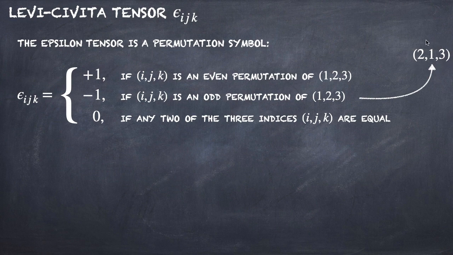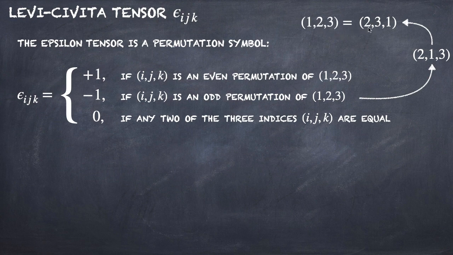If you have a tensor with this sequence, it is going to be -1 because it is an odd permutation of 1, 2, 3. If you do one more permutation, for instance, interchanging 1 and 3, you will have 2, 3, 1. Then this is an even permutation, and this is equal to 1, 2, 3.